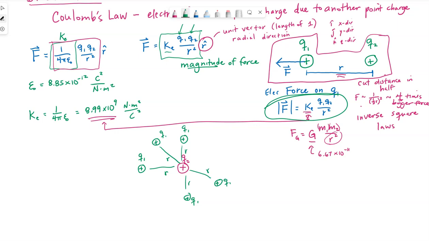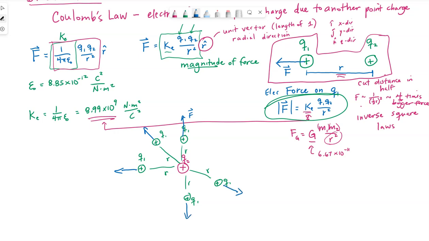The only thing that changes by putting Q1 at these different locations is the direction of the force. Because Q1 is positive and Q2 is positive, Q1 is going to be repelled. That's upwards for this one. The one off at the angle is directly along that line R that connects the two. This one's directly away that way, directly down, directly out this way.